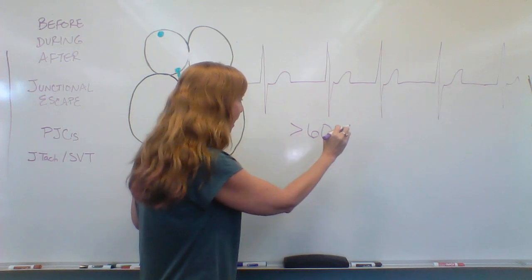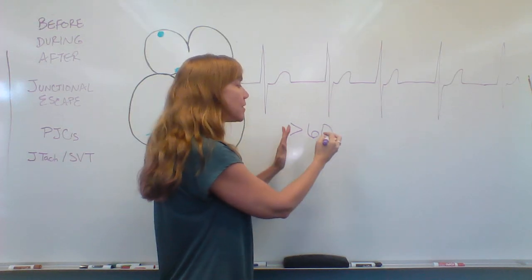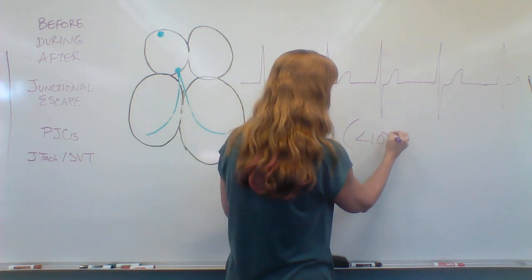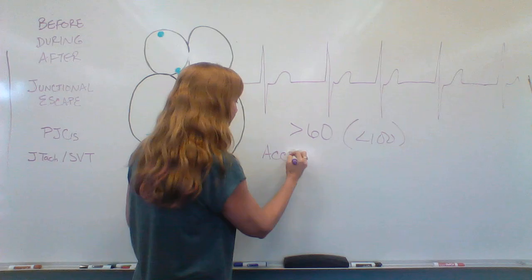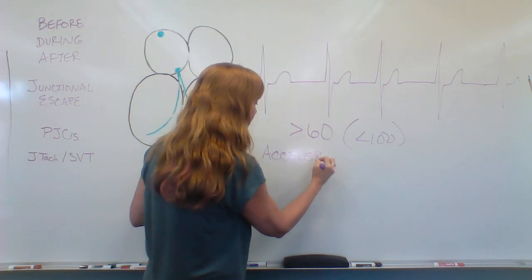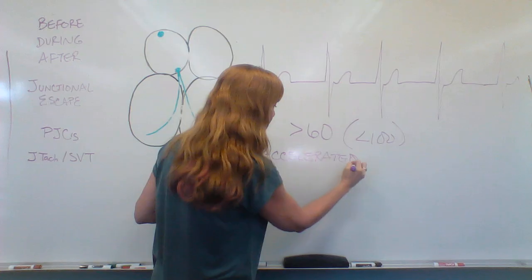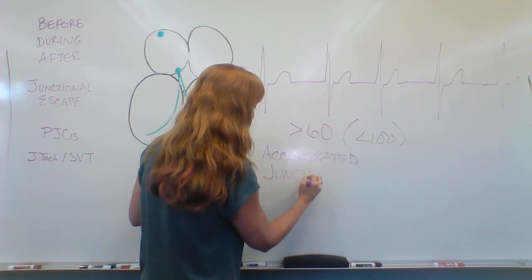It'll look just the same. It won't be too much higher. It'll be above 60, but it's not going to ever go over 100 or anything like that. And we're going to call that an accelerated junctional, whoops, that's a D, junctional escape.